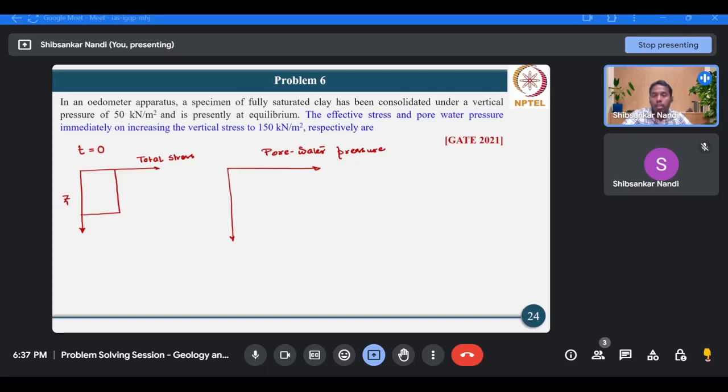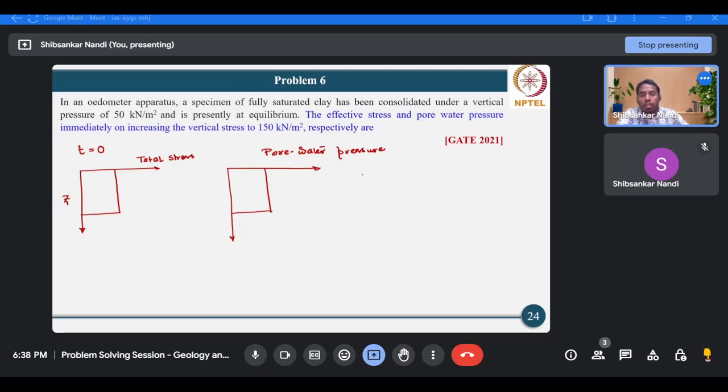Therefore there is no stress transfer to the soil particles, particle to particle contact, immediately after applying the load. So all the pressure applied will be solely taken by the pore water, and that's why the excess pore water pressure will be equal to the total stress.